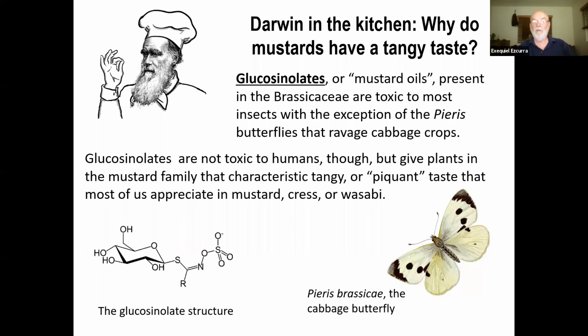Now, there's a group of butterflies known as the cabbage butterflies in the genus Pieris that actually have developed, through centuries or millennia of evolution or coevolution with the plant, the ability to survive the toxic glucosinolates, and they accumulate them in their body.